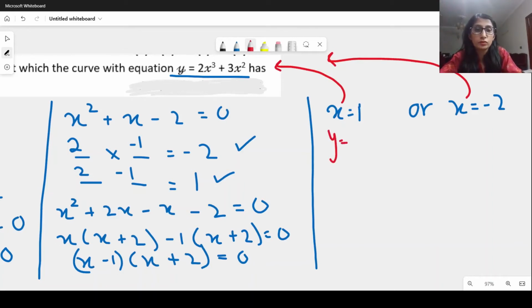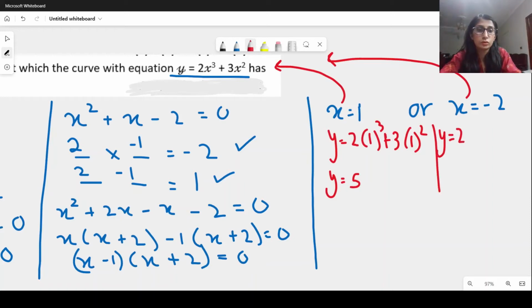So y is equals to 2 times 1 cube plus 3 times 1 square. So that is just 5 in this case. And here it's y is equals to 2 times minus 2 cube plus 3 times minus 2 square.